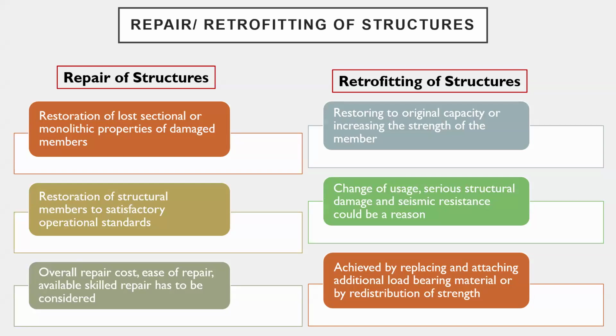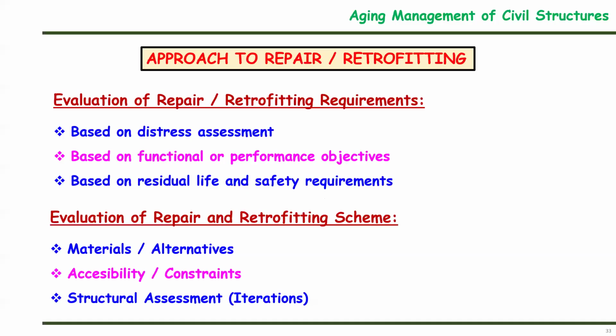Repair means we are trying to restore the original sizes, the original cross sections of the structural members. Retrofitting means we are trying to restore the original capacity of the member, or increase the capacity of the member. So this is the slight difference between the repair and retrofitting of structures.